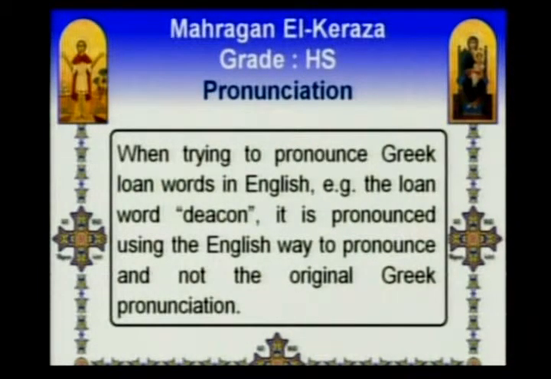In English, when they borrowed this word, the word diakon from Greek, they did not keep saying it diakon, but they applied the English pronunciation and they pronounce it as deacon. You cannot go to an English person and tell him, well, when you say deacon, this is wrong pronunciation.